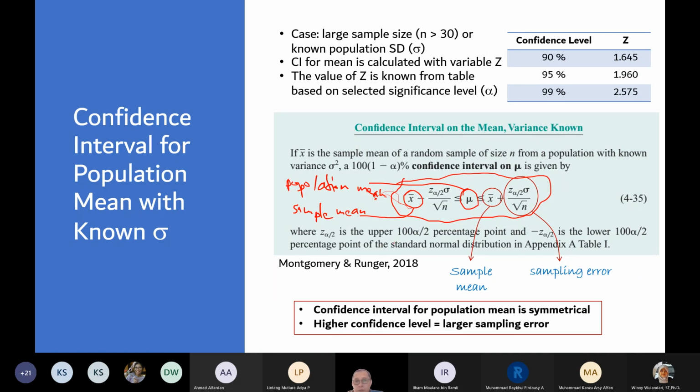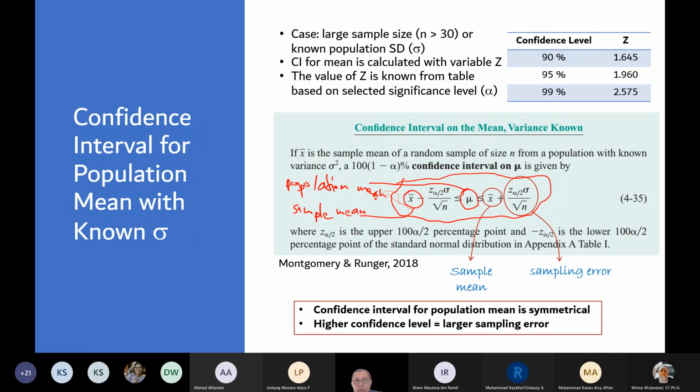Now, from formula 4-35, you guys can clearly see that from one sample mean, we can calculate one mu, right? We can calculate one confidence interval of mu, right? So if we have 100 samples, then we can calculate 100 estimates of mu.